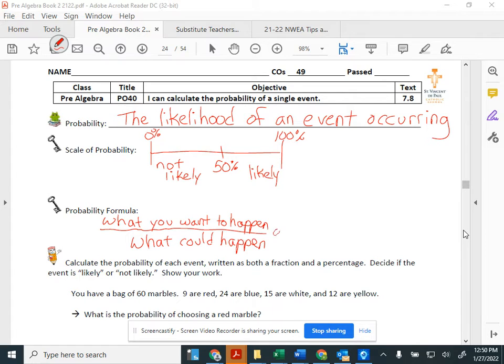Or we could word it a different way and say desired outcomes over possible outcomes. So we have our desired outcomes over the reality. What are all the possible outcomes that could be?